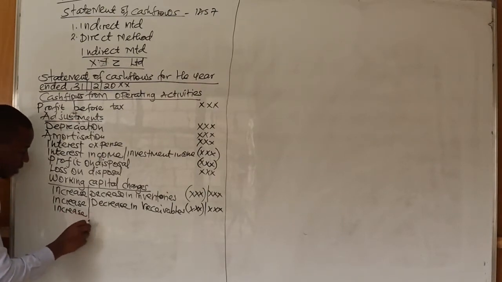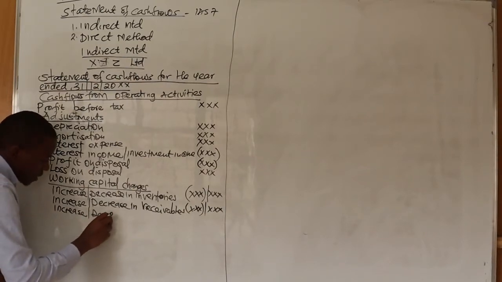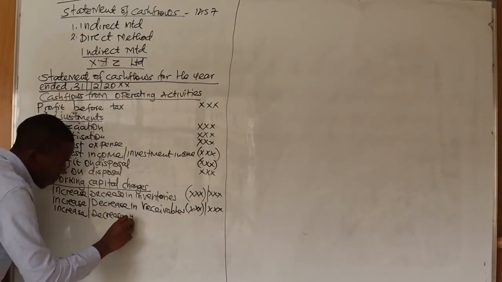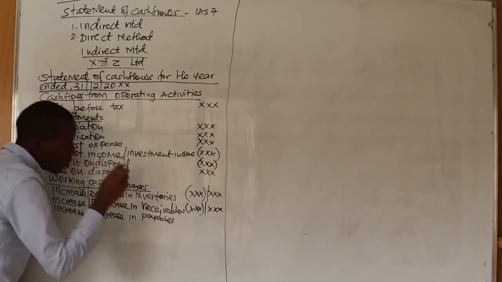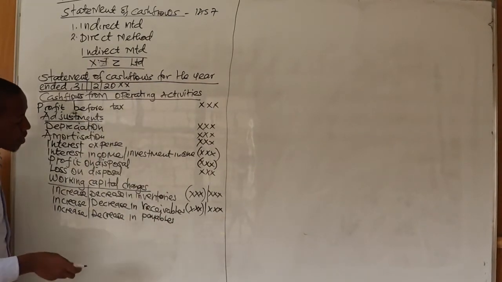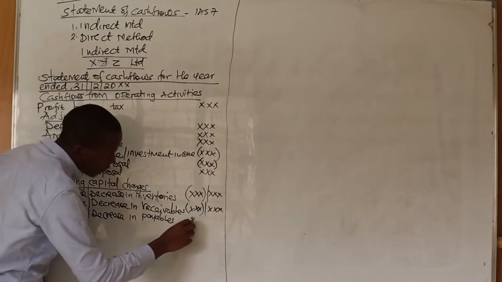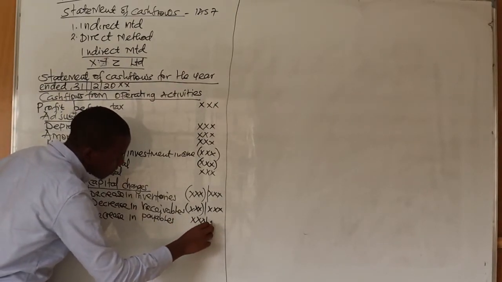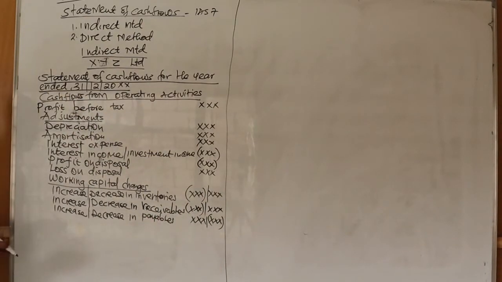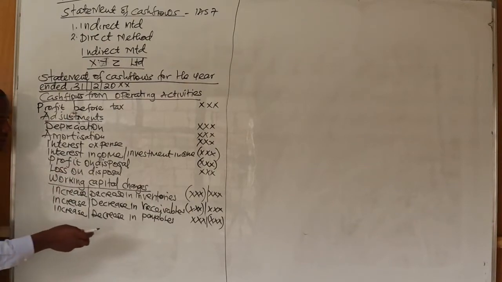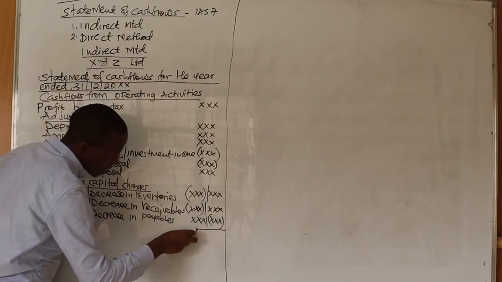You look for the increase or the decrease in payables. If it's an increase, you add. A decrease, you less. This is the vice versa of what we've done on the current assets.